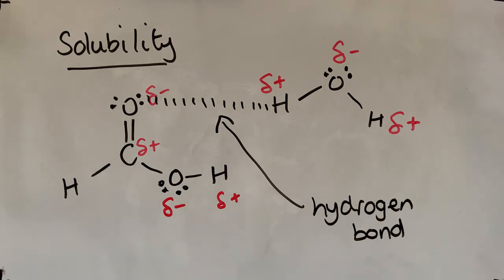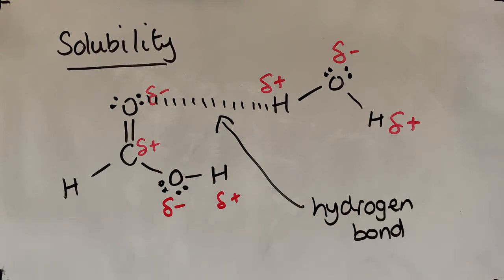When you get up to 4 carbons, the solubility begins to decrease. Above that, pentanoic acid will not be soluble in water. That's because as you increase the carbon chain, it is the non-polar component, and it starts to make the whole molecule less and less soluble.